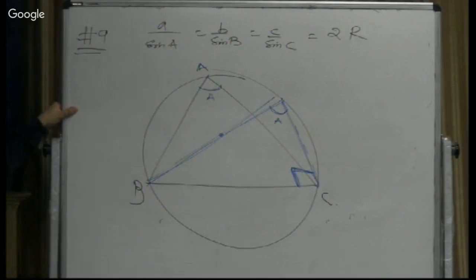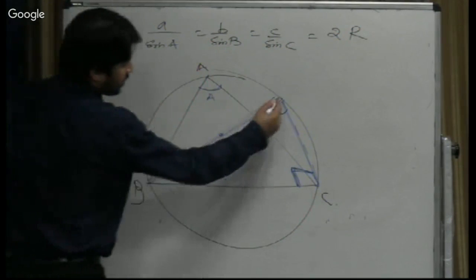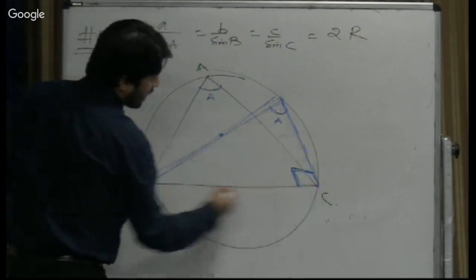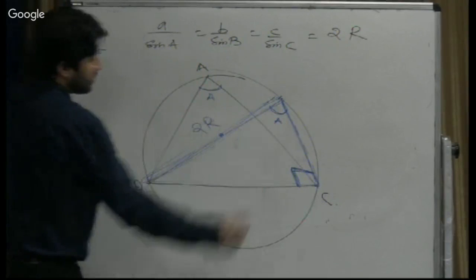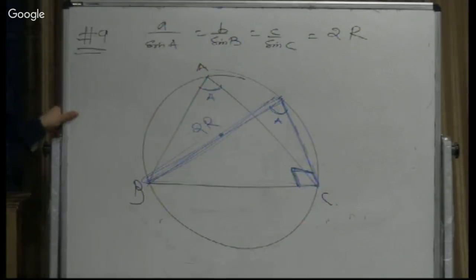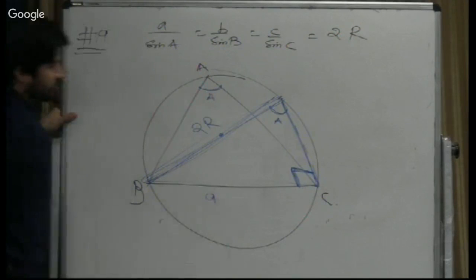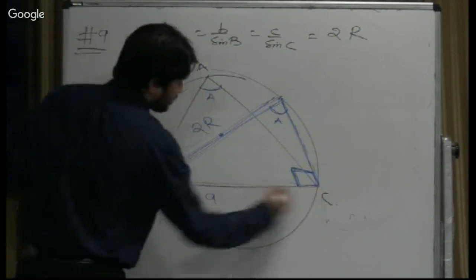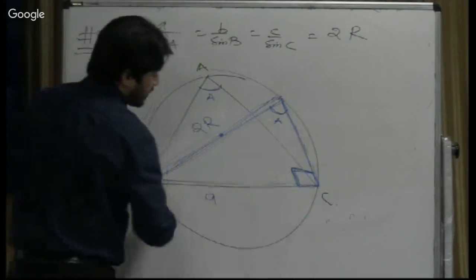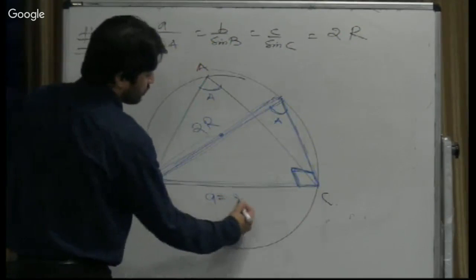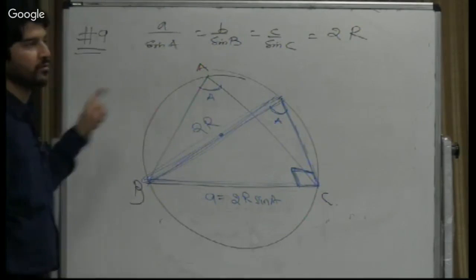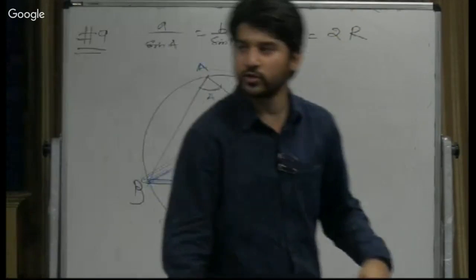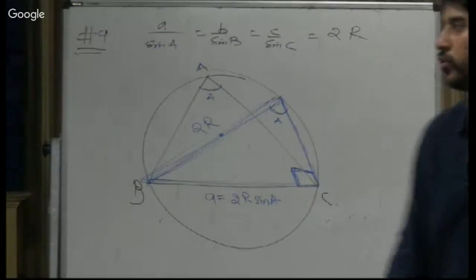Angles on the same side. Now this is your right angle triangle. This is your circumdiameter 2R, and this is your A, ना? तो क्या होगा ये? This would be 2R cos A, and so what is A by sine A? 2R. What is B by sine B? 2R. And C by sine C? 2R.